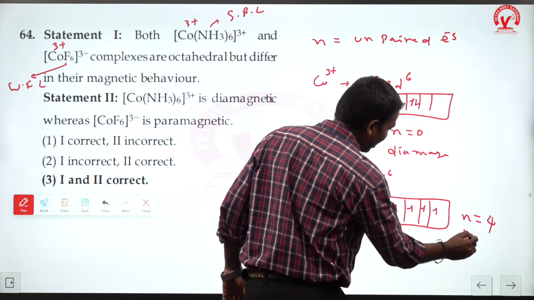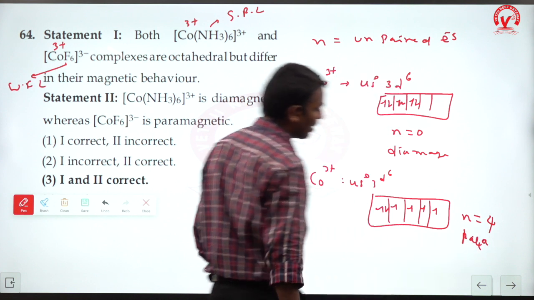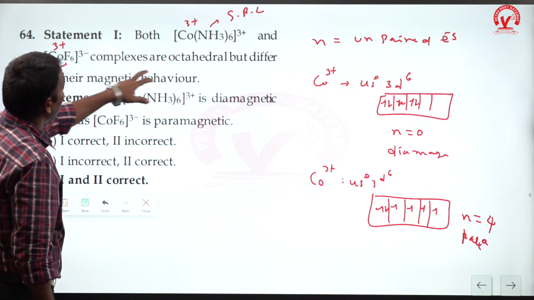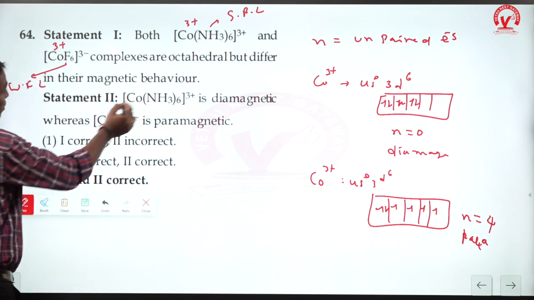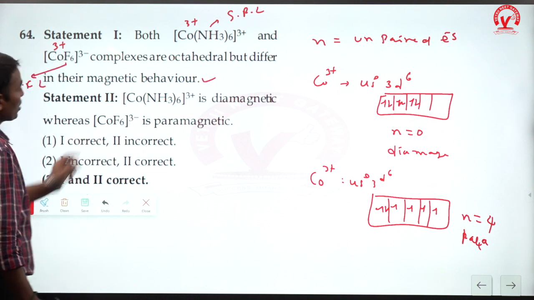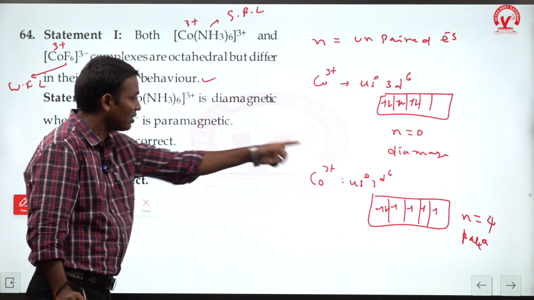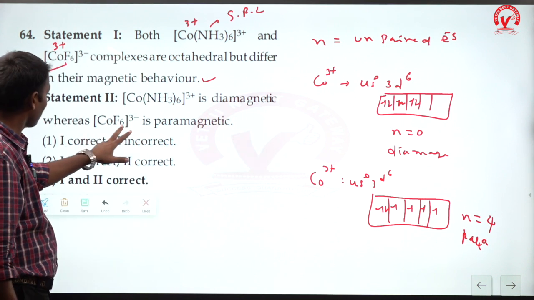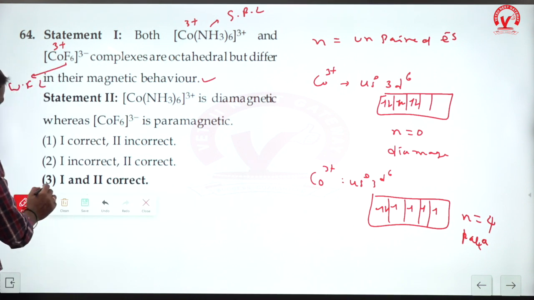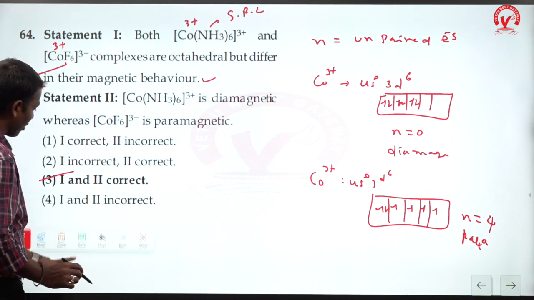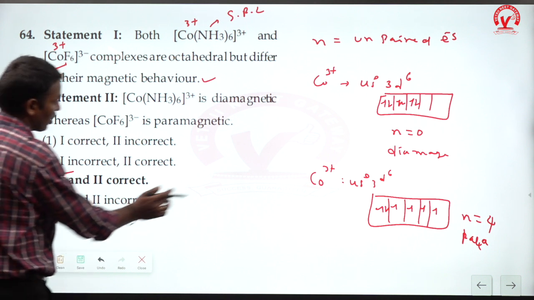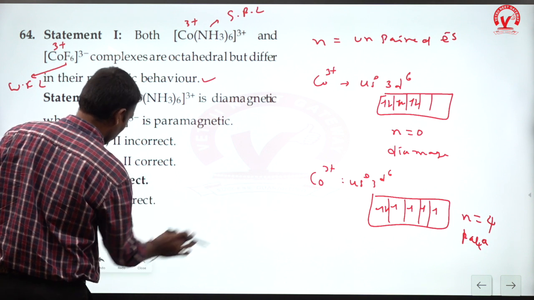It is paramagnetic in nature. So the complexes are octahedral but differ in their magnetic behavior, which is correct. So this statement is correct. Statement 2: Co(NH3)6 3+ is diamagnetic in nature, yes, correct, whereas CoF6 3- is paramagnetic in nature, yes, correct. Both are correct and the explanation is correct. So option 3 is the correct answer. Both the statements are correct. Then move on to the next question.